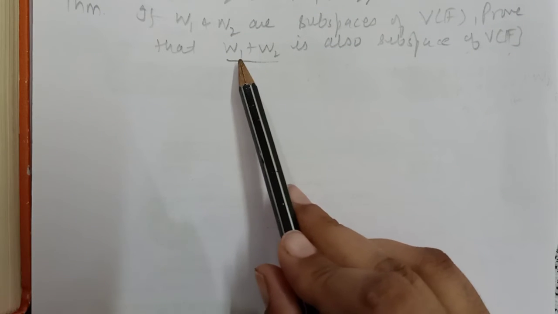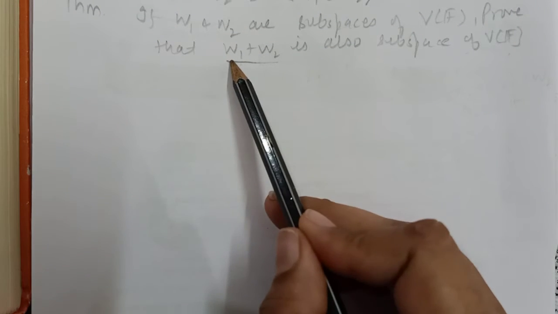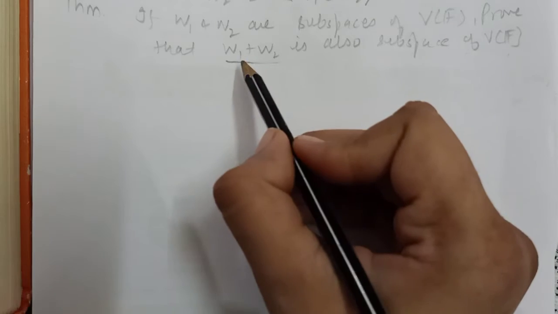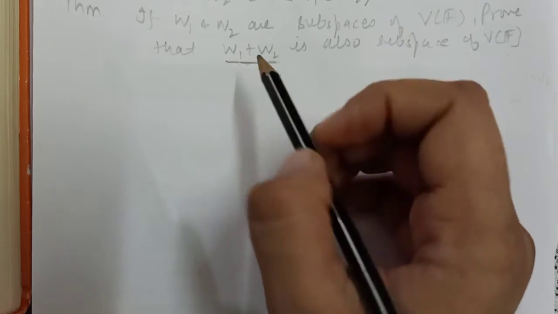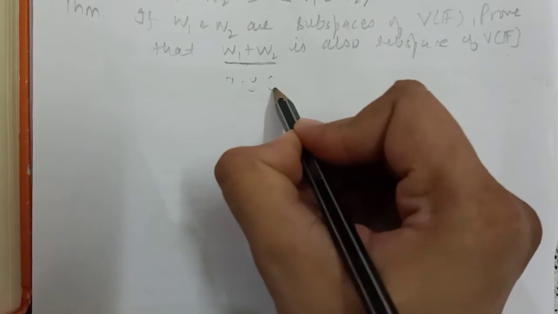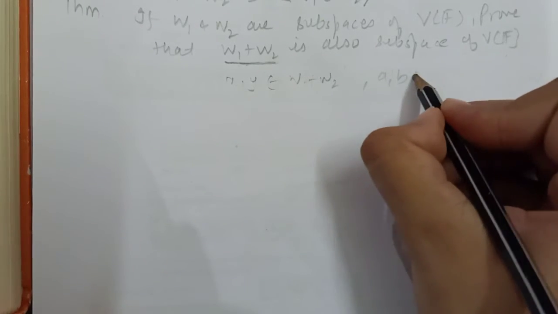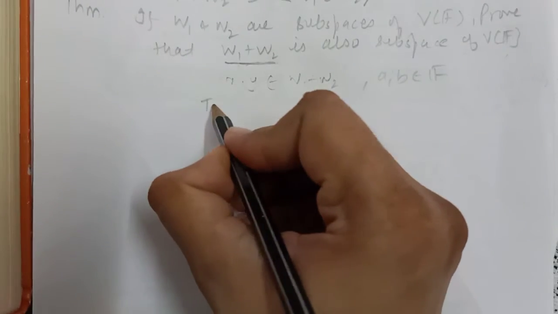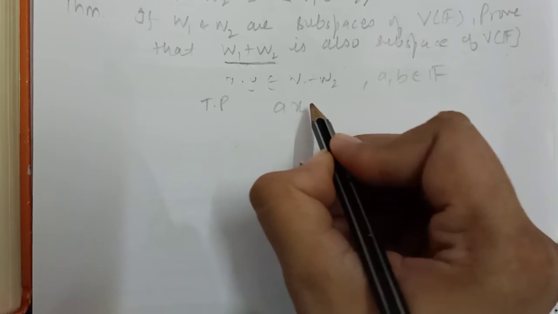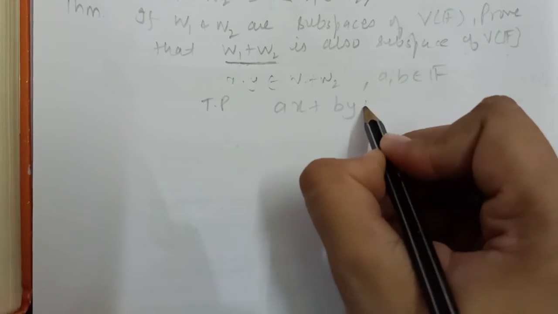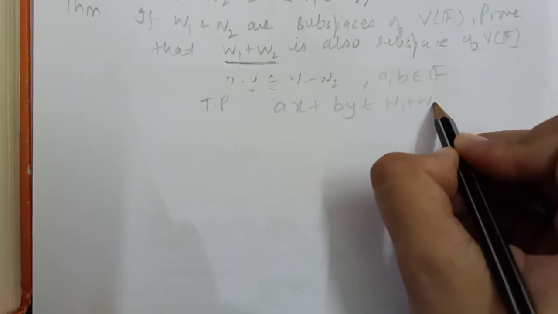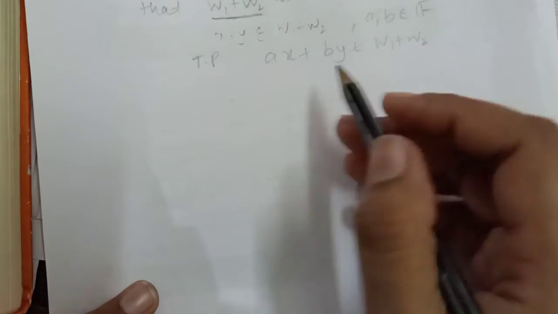So next we are trying to prove that W1 plus W2 is also a subspace. So how do we prove a subspace? We take two random elements x and y from that space and two random elements a and b from the field. Then we try to prove that their linear combination is also in that set.